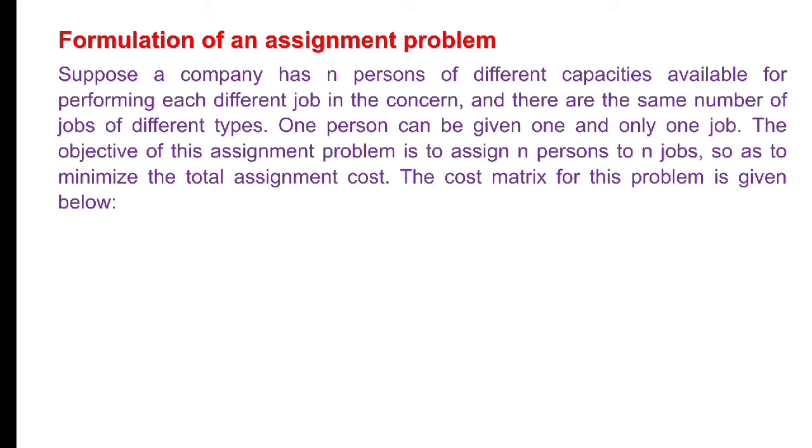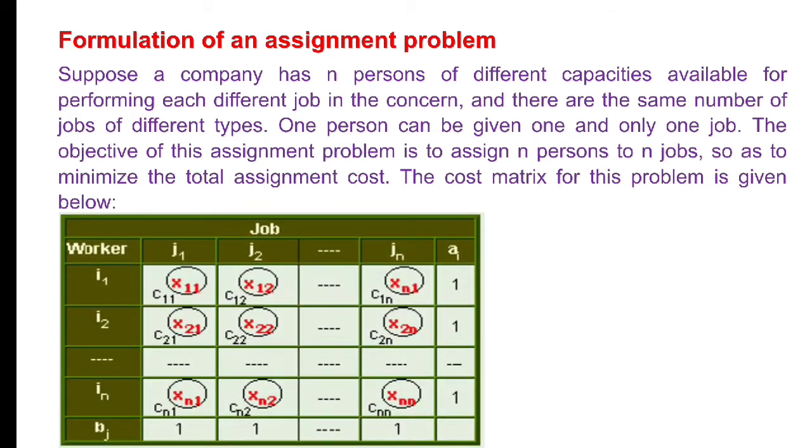The objective of this assignment problem is to assign n persons to n jobs so as to minimize the total assignment cost. The cost matrix for this problem is given below. In this format, worker and job, how much can you allocate? One to one. Final allocation should be one job, one person. That is, one worker, one job only should be allocated.